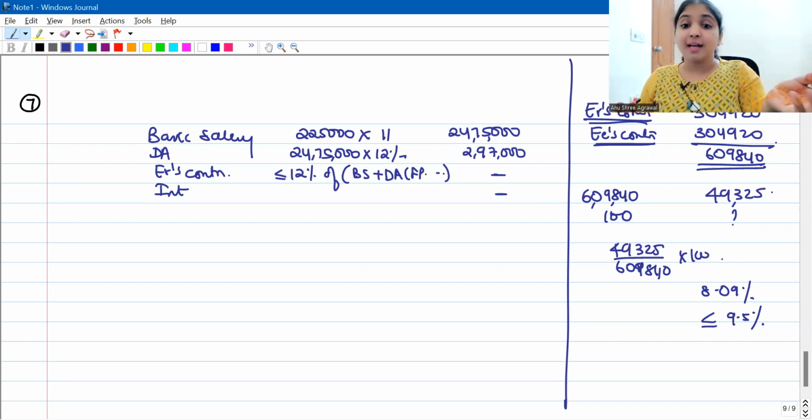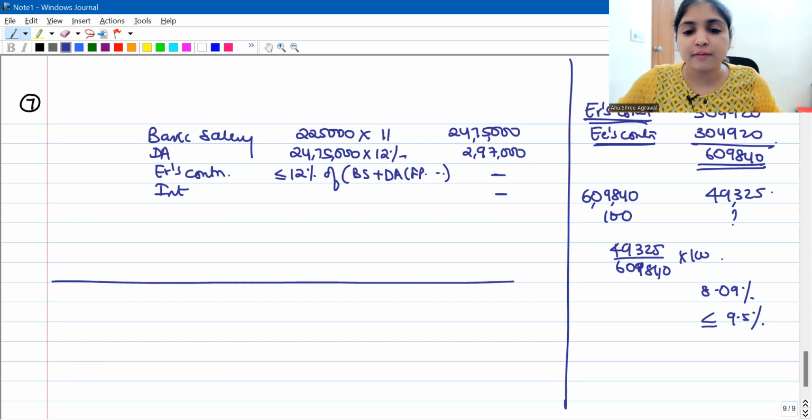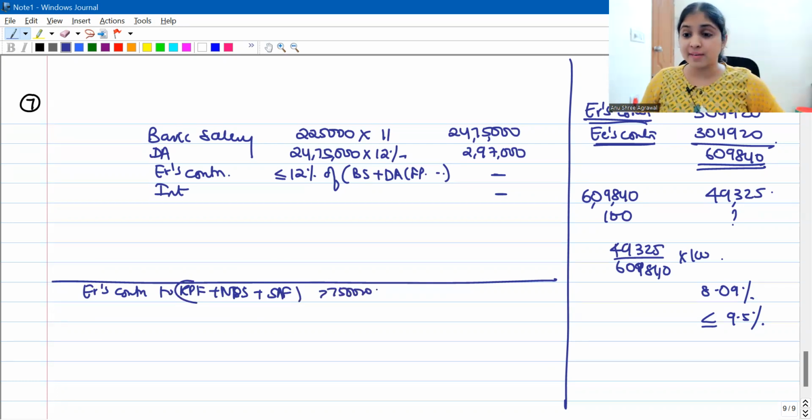But then, we can't stop our discussion here. We have two more concepts which we should be thinking about. If the employer's contribution to RPF plus NPS plus superannuation fund is more than 7,50,000, then the excess over and above 7,50,000 gets taxed as perquisite. But here, employer's contribution, first of all, we have only RPF. We don't have NPS.